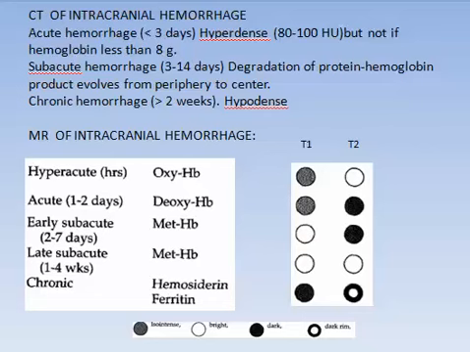An early subacute at the periphery, but in the center we get late subacute, and so on. The second thing is that the margin will show what we call the hemosiderin dark T2 ring, and this starts early.